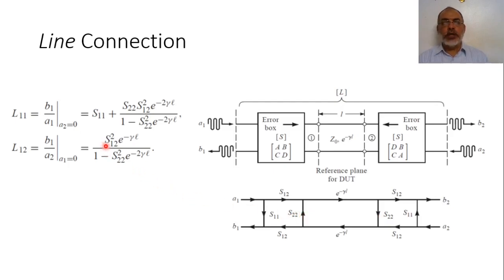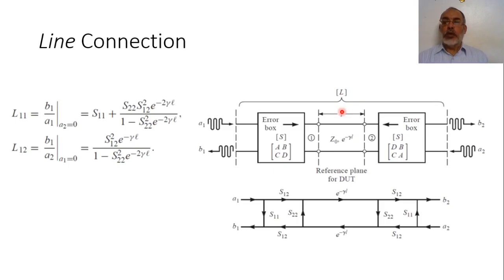So this is S12 squared e to the power minus gamma L over the self loop term, 1 minus S22 squared e to the power minus 2 gamma L.